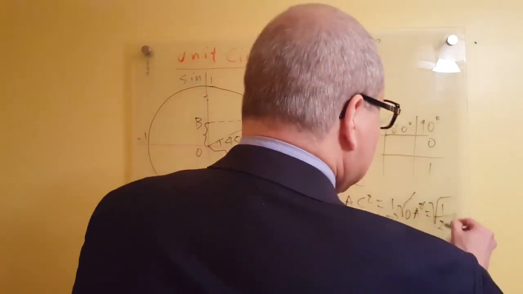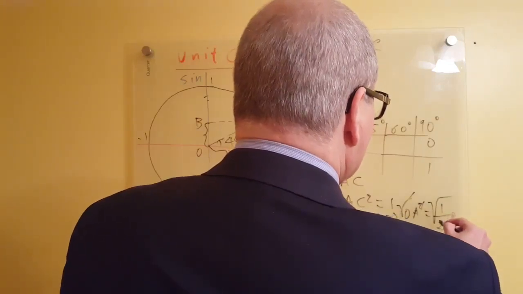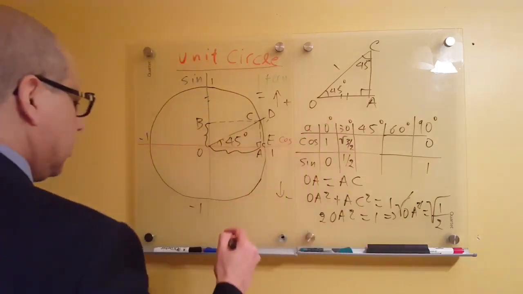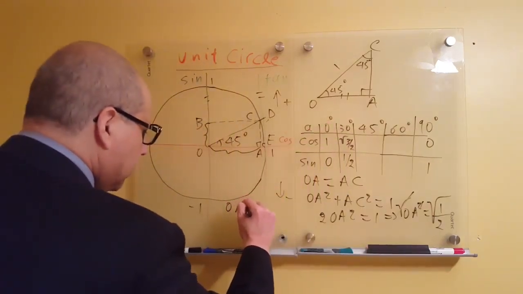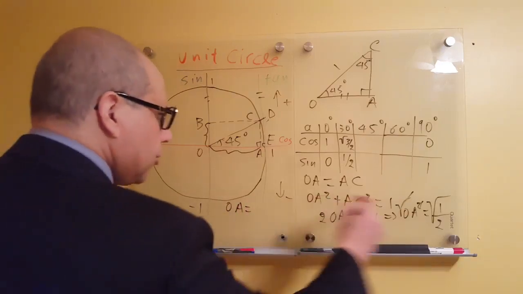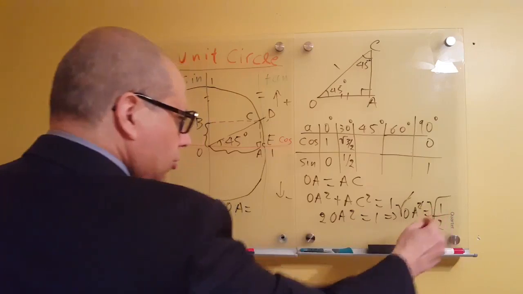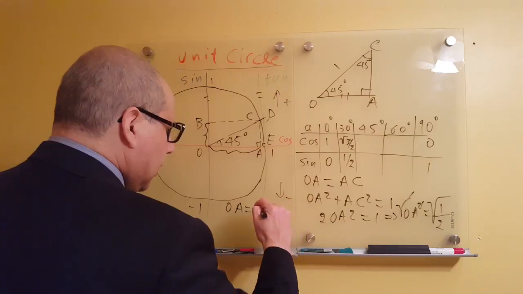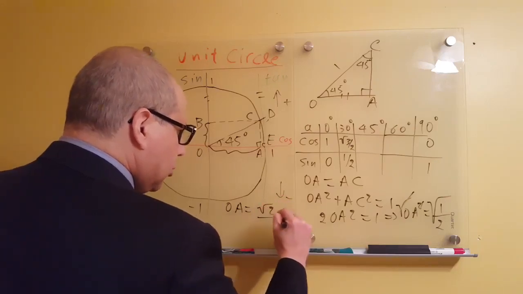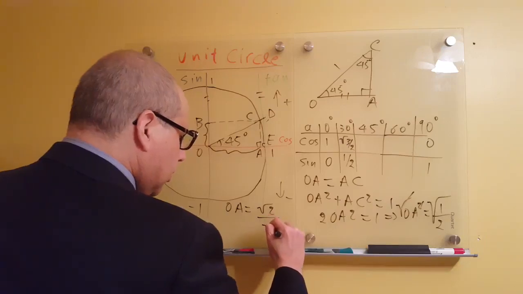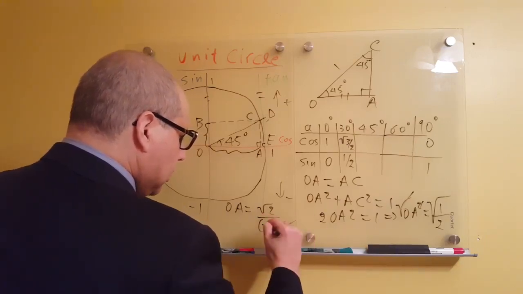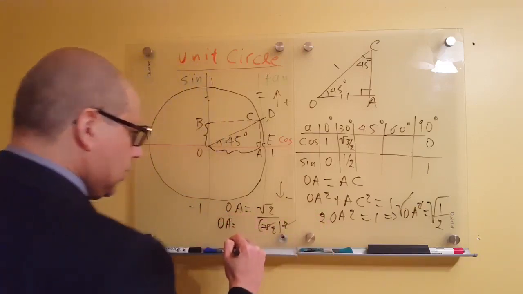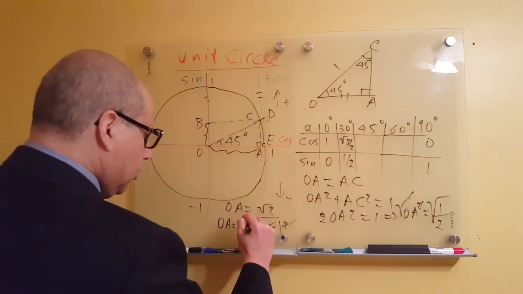So what we can do is multiply both numerator and denominator by the square root of 2, and that will give you that OA is equal to square root of 2 over square root of 2 times square root of 2, so you have square root of 2 squared, so this cancels with this, and that gives you that OA is equal to square root of 2 over 2.